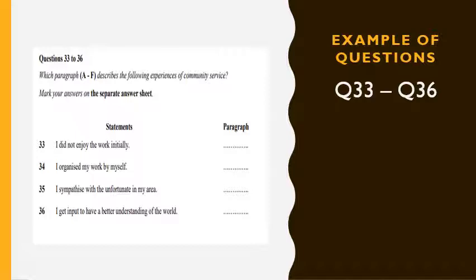So you need to match the information here with the paragraph from the extended text. So the answer should be A, B, C, D, E atau F.